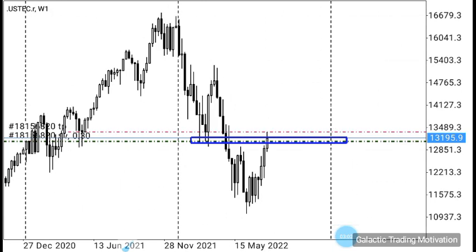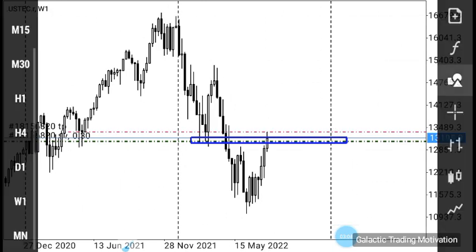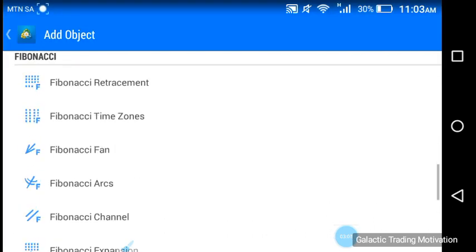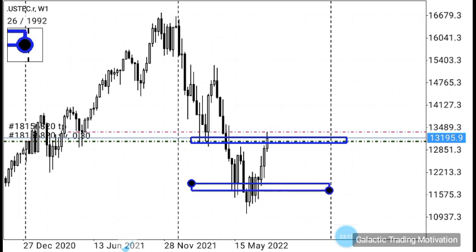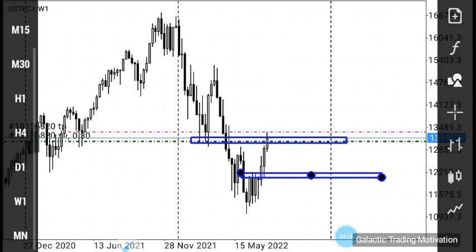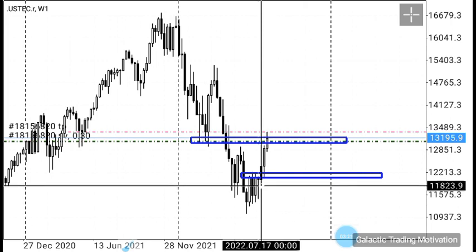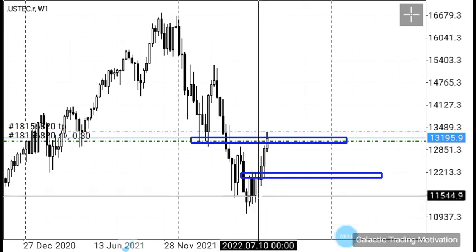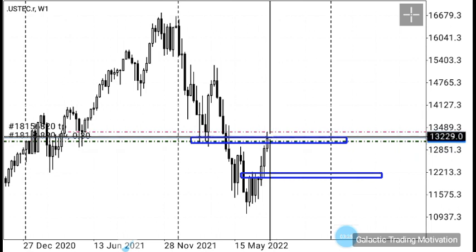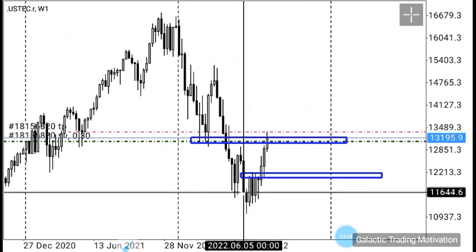So what else do we have? I'm also going to add the neckline of that W structure that I spoke about. Just bear with me. There we go, there goes the neckline of that W structure. I'm not going to mark these two liquidity candlesticks, because price is still very far off from this area.